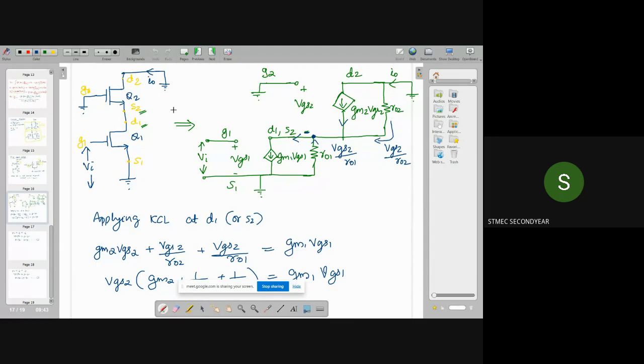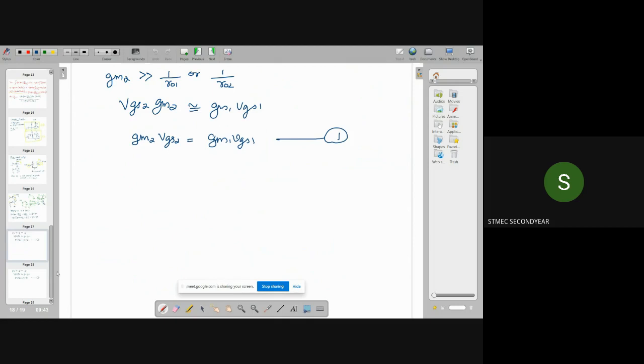After applying KCL at D1, we obtain this equation: GM2 into VGS2 is equal to GM1 into VGS1. That was the first equation.